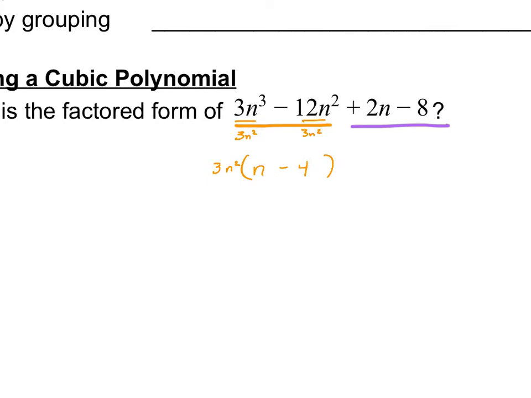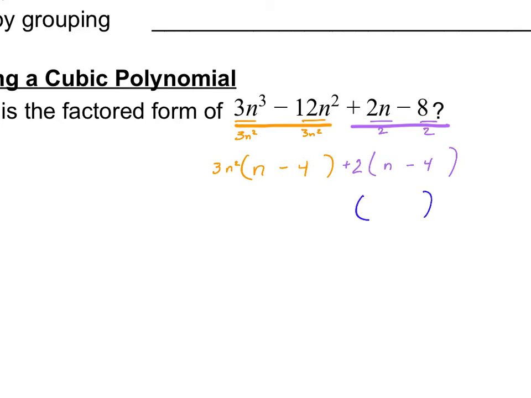And if I do the same thing over on this second set, the greatest common factor there is going to be a positive 2. And lo and behold, look what happens when I factor out a positive 2 from each one of those. I have an n minus 4. So factoring by grouping, I'm able to find my two binomials here.